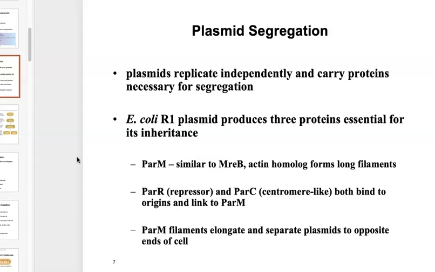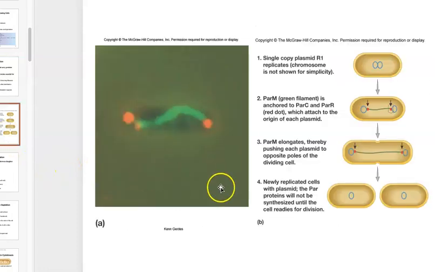So E. coli R1 plasmids, for example, produce 3 proteins that are essential for inheritance: ParM, ParR, and ParC. ParM is similar to MreB in that it's an actin homolog and it forms long filaments. ParR is a repressor, and ParC a centromere-like protein that both bind to the origins and link to ParM, and I'll show you that. So ParM filaments elongate and actually physically separate plasmids to opposite poles, as you see here.